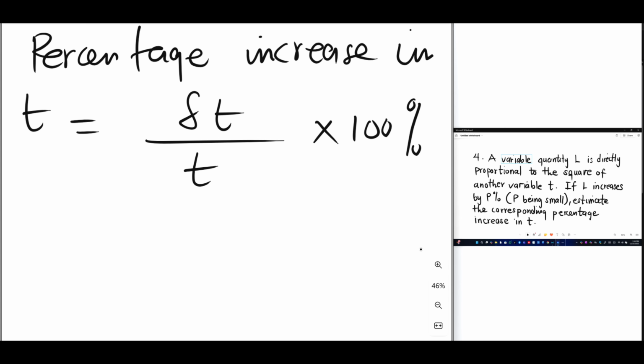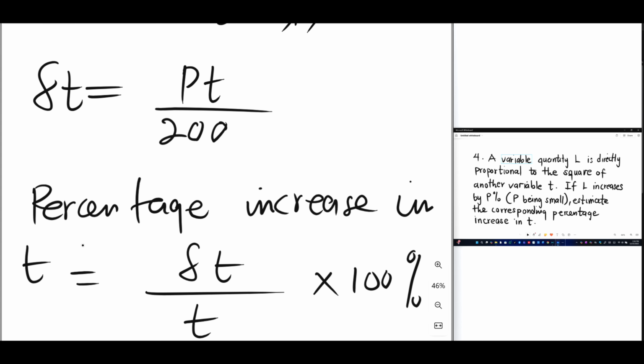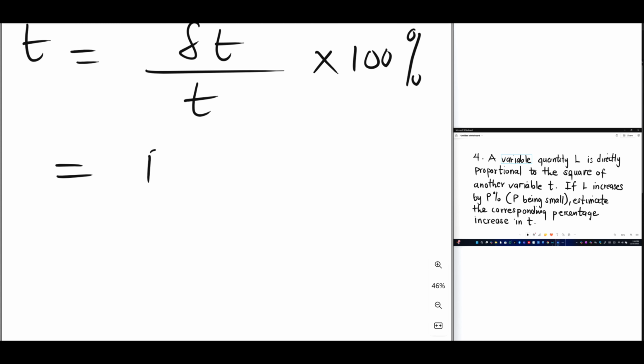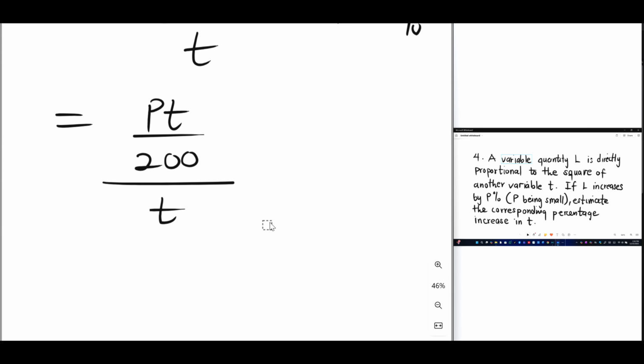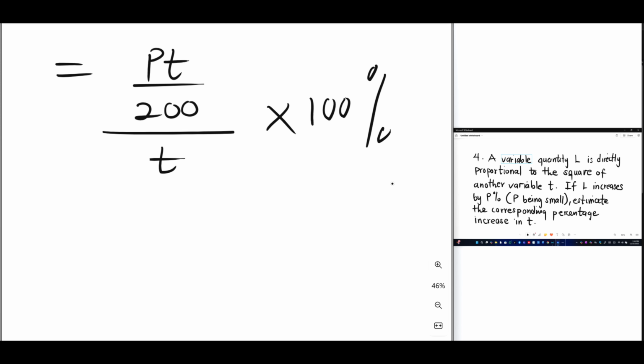So the percentage change, okay, you know the small change to be PT divided by 200, divided by T. That is the value of T, the original T, times 100 percent.